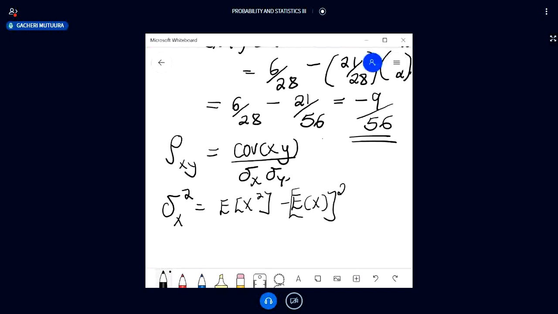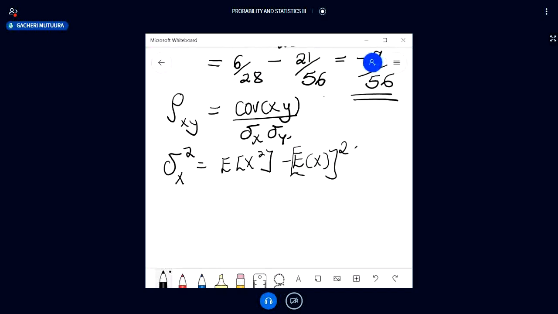So we already have this. I'm saying we also have the expected value of x. So we only need the expected value of x squared. And from our table, that will be expressly obtained, because this will be the summation of x squared fxy.